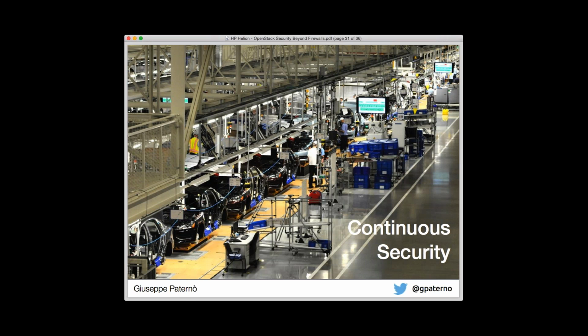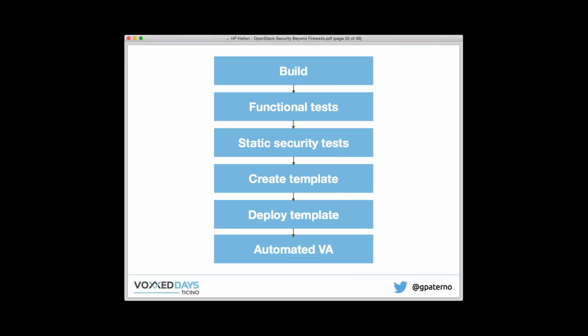What I'm advocating, and is working well with most of my customers, is also adding some security tests inside the process of releasing an application. Through a continuous integration tool, we build the application, we run the functional tests, and then we run some static security tests.